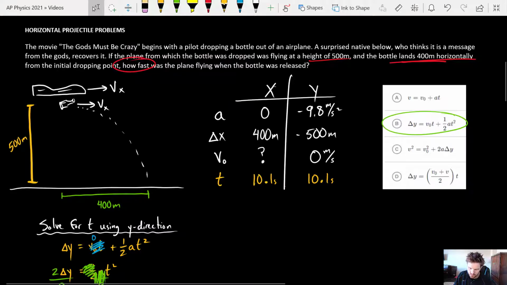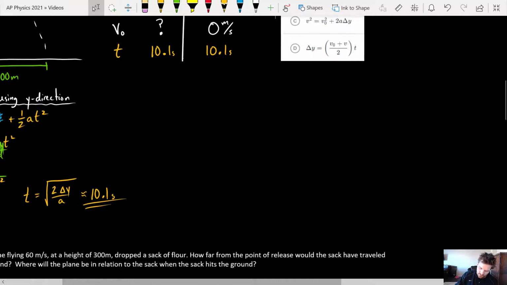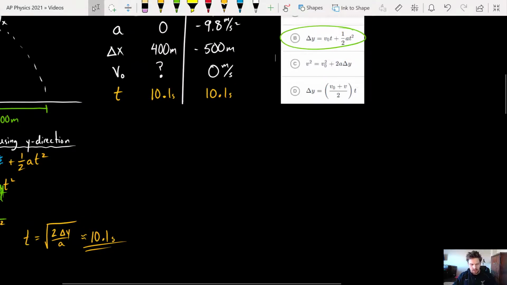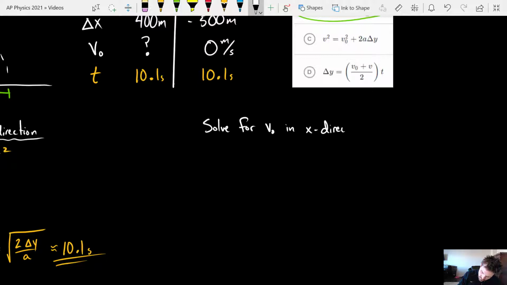Okay, what color should we use? We'll use white. And zoom in a little bit, and now solve. So now I'm in the x direction.